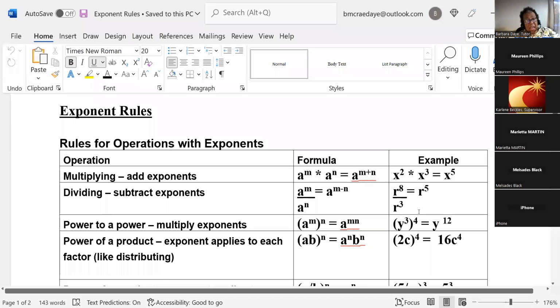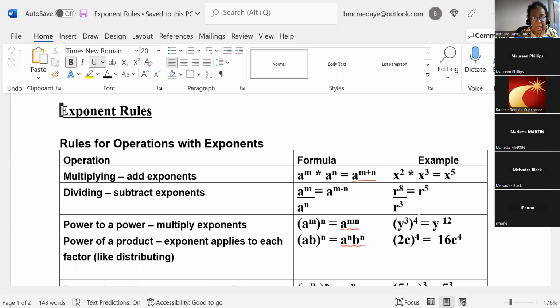But remember your sign rules now. If you're adding unlike, you subtract, right? If you're adding like, you just add. So these will follow the same sign rules that we've used on our other expressions. All right. Any questions on those two operations, multiplication and division?